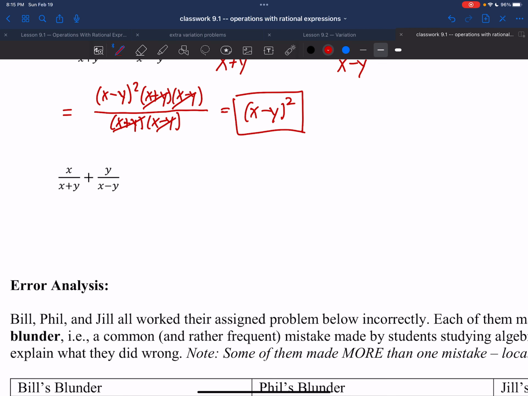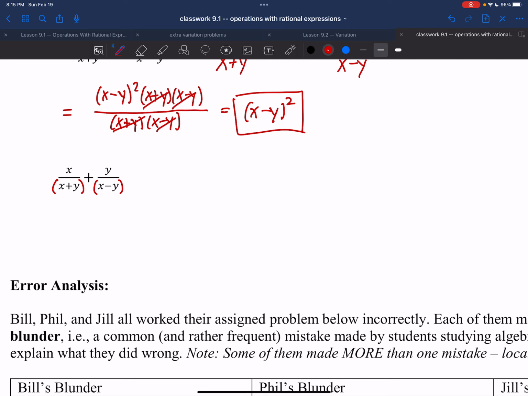Okay, for the next question, in order to add these two rational expressions, I need a common denominator. Now, x plus y, you need to view that as a single term, as a single expression. Similarly, you need to view x minus y as a single expression, okay?